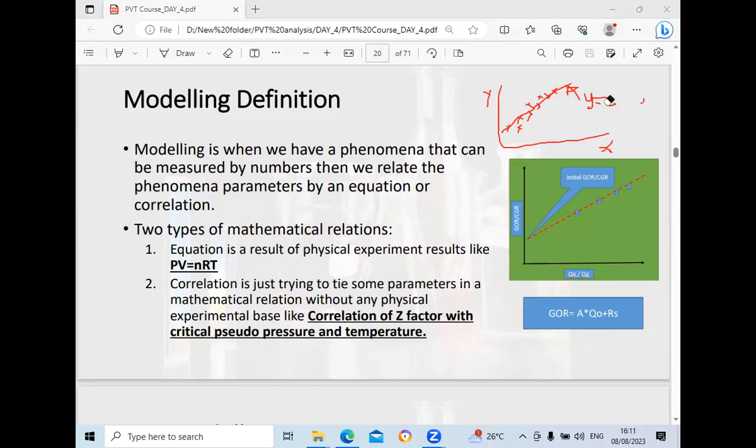You must have seen some of these concepts in basic statistics. All right, so that's basically the main difference between equation and correlation.